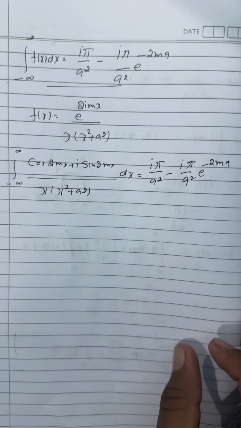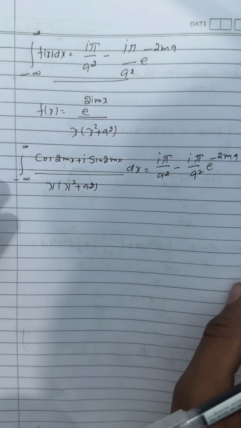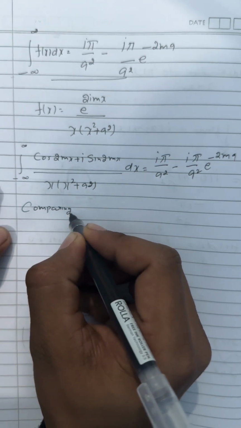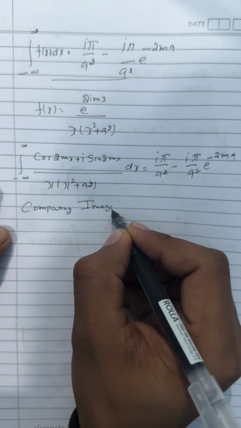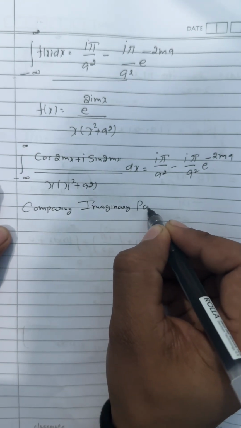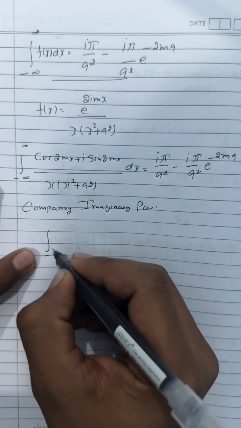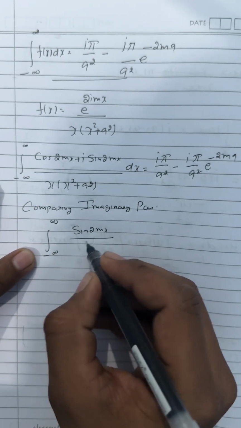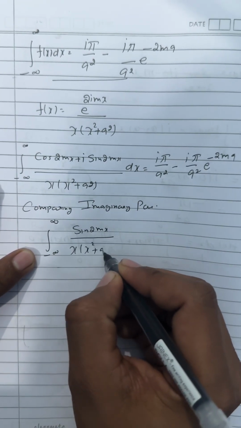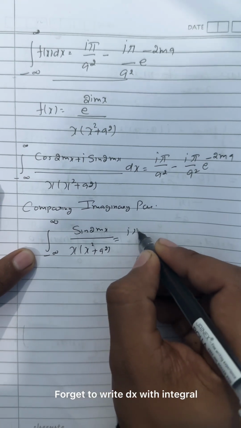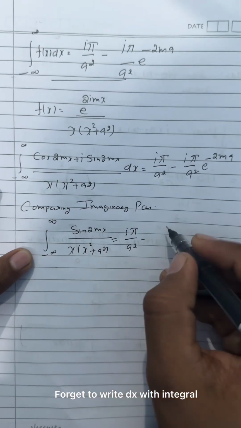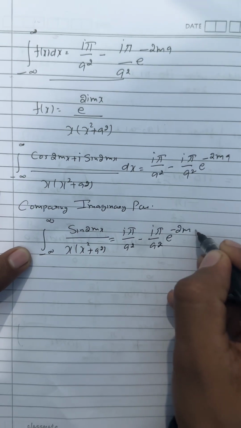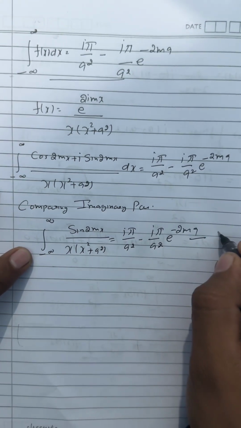Okay, so comparing the imaginary part, we get the integral from minus infinity to infinity of sine 2mx upon x times x square plus a square equals pi by a square minus pi by a square e raised to power minus 2ma. Let's call this equation 4.